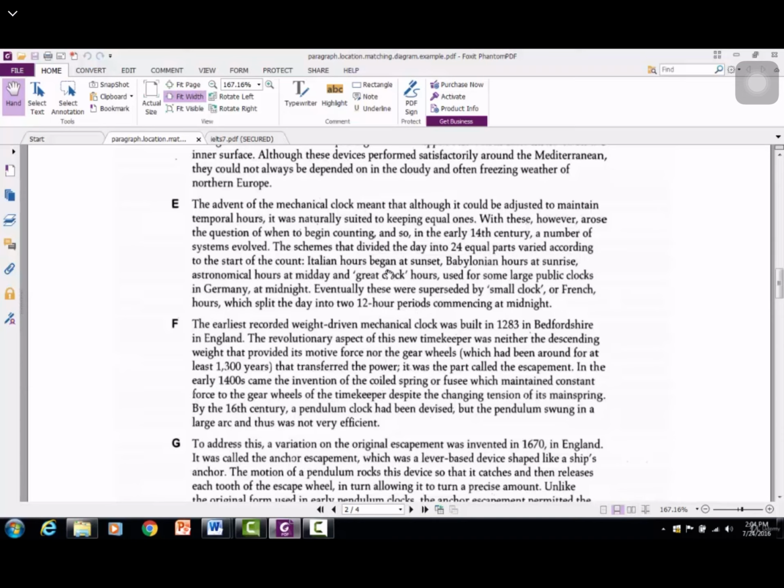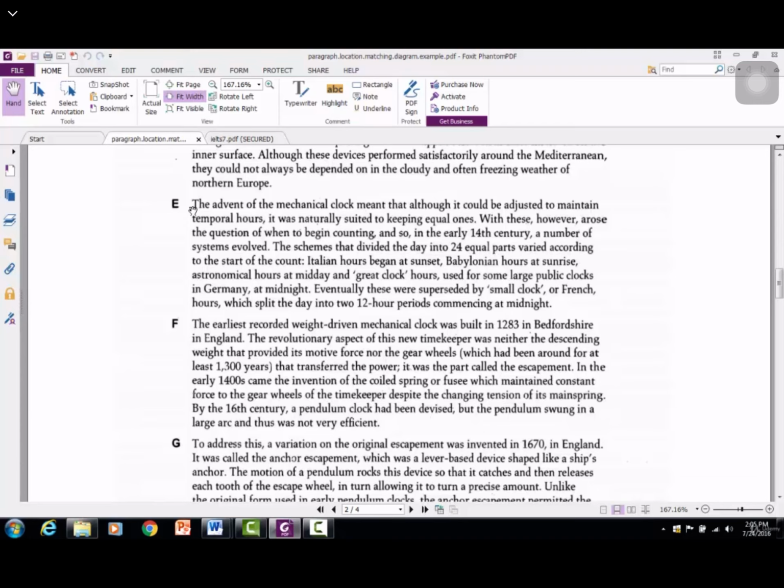Also, what's helpful, this is really important if everyone wants to listen. What's also helpful for a paragraph location question is a lot of times you can look at the topic sentences, the first sentence of a paragraph, and that can give you a good idea if it matches also. Like here, the topic sentence of paragraph E says the advent of the mechanical clock meant that although it could be adjusted to maintain temporal hours, it was naturally suited to keeping equal ones.